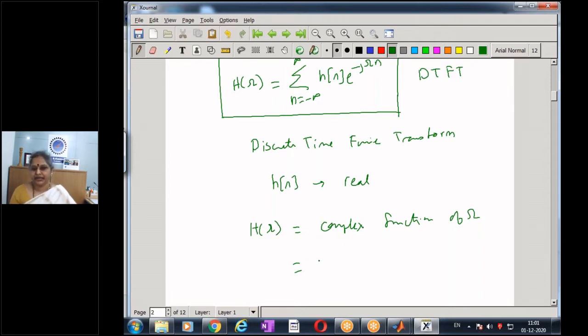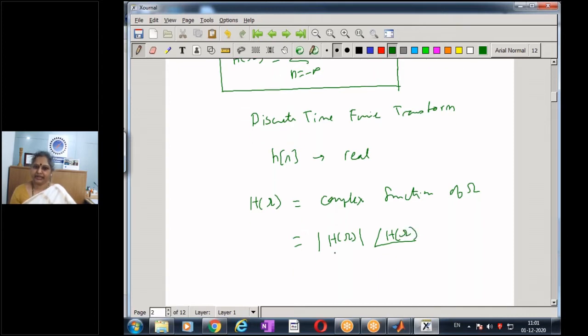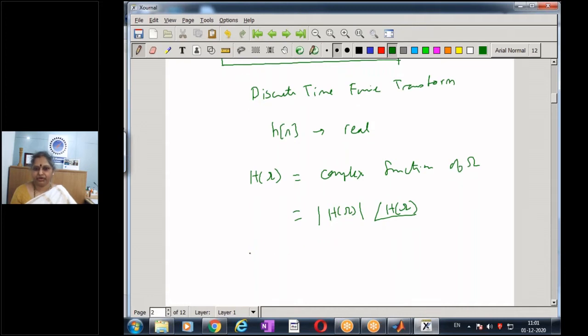So I can plot it as the magnitude and the angle of H of omega. When I plot this mod of H of omega versus omega, I get the magnitude response of the system.